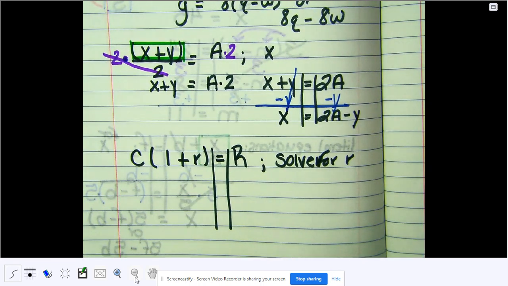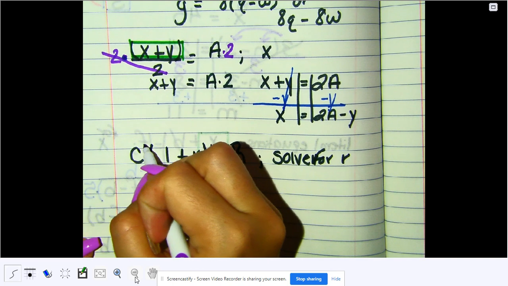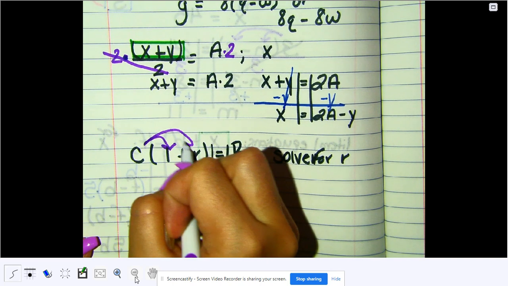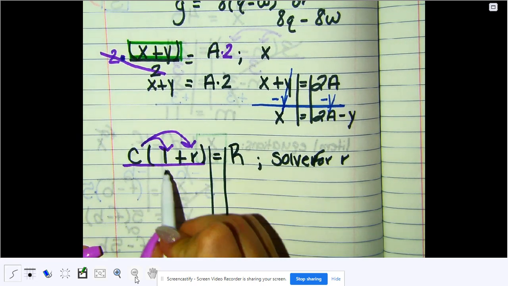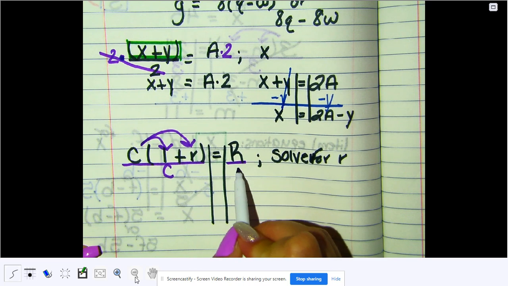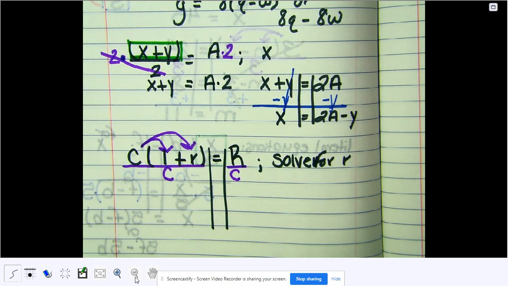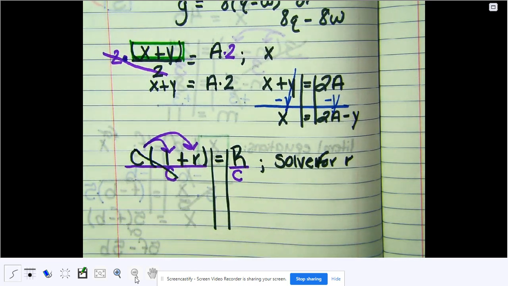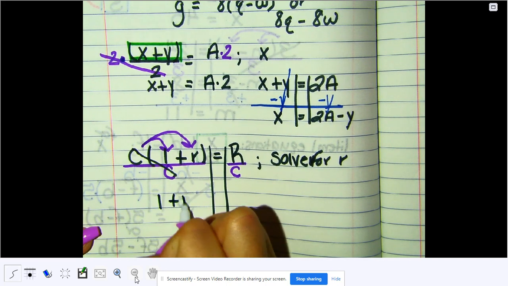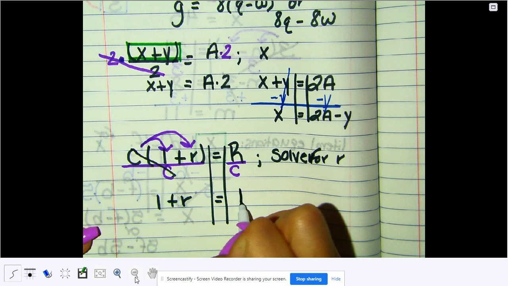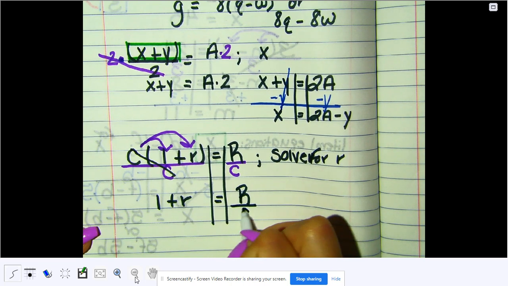Okay, so just like in the distributive property that we did at the very beginning of today's lesson, if I was to distribute the c through, that operation is multiplication. So we're just going to go ahead and undo that by dividing by c on both sides. So then the c cancels. And we are left with 1 plus r is equal to capital R divided by c.